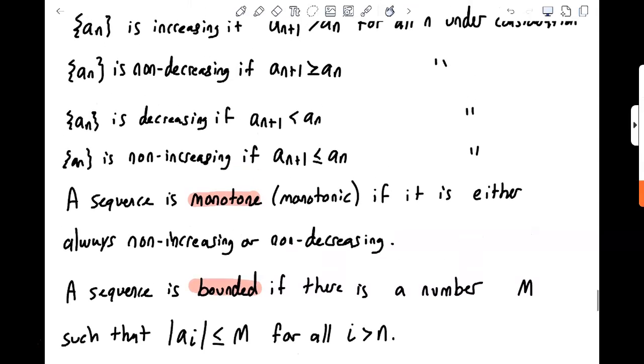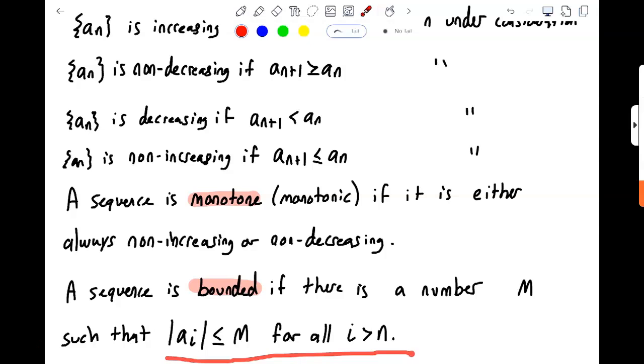And we have one final definition here, and that is that a sequence is bounded if there's some number M such that the absolute value of a sub n, because terms could be negative, is less than or equal to M for all n greater than some N. At some point, beyond a certain value N, everything in your sequence is always smaller.